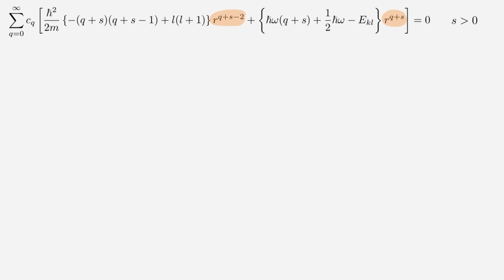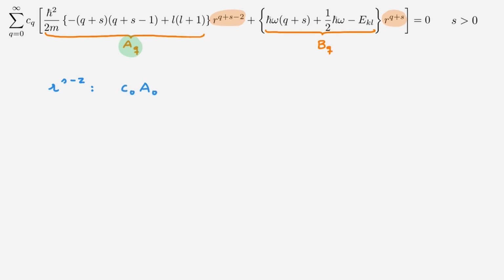To explore what is going on, let's look at the first few powers explicitly, and to simplify notation for now, we will call this first term A_q and this second term B_q. Let's start with the lowest power in the series, which is s minus 2. The term proportional to the a coefficient here gives a power of s minus 2 when q equals 0, which means that we end up with this term proportional to c0.